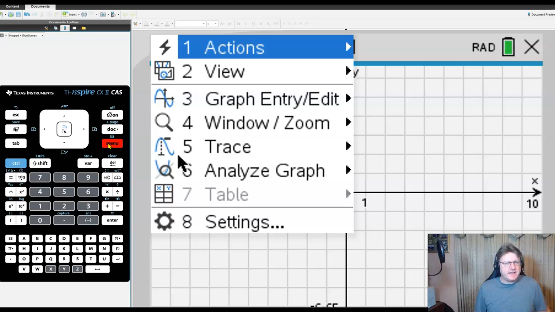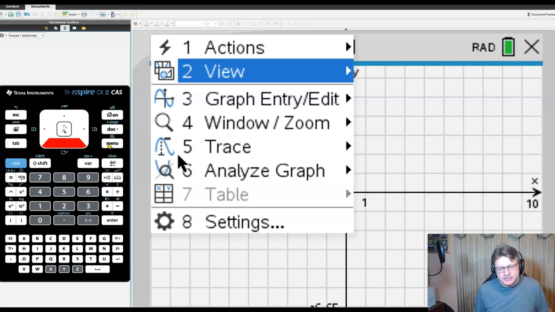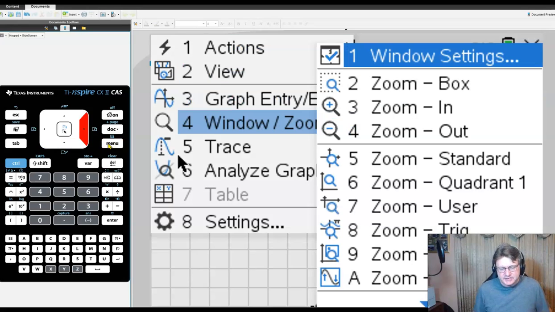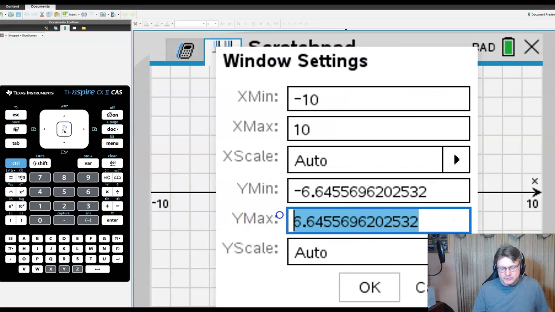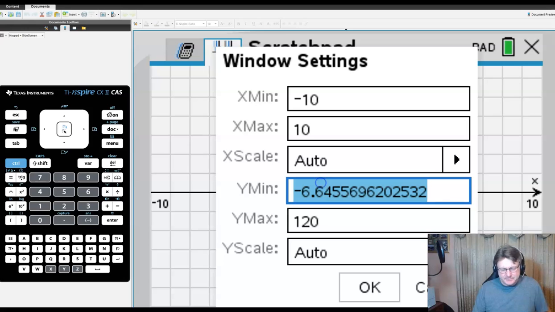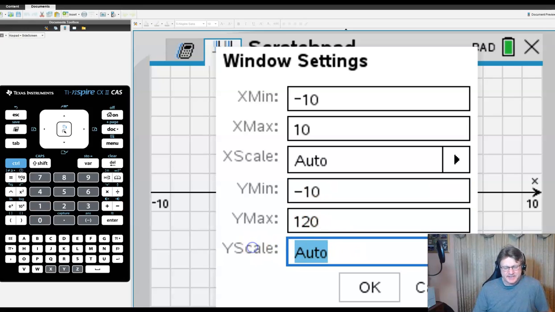And if you actually find the volume, 6 times 6 times 3, that is 108. So I likely need to change my window size so that I have a Y maximum that's at least 108. Maybe if I go 120, that's going to be safe enough. If I want to, I could clean up the Y minimum, maybe make it like -10, just so that I can see the x-axis okay.